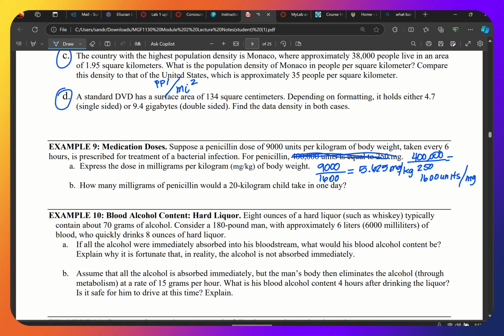So 5.625 milligrams per kilogram. That takes care of the first part.